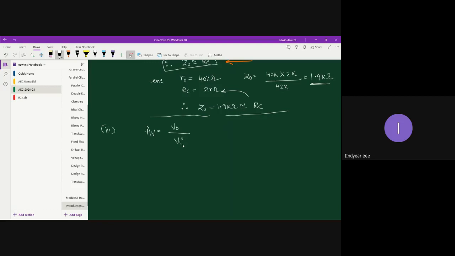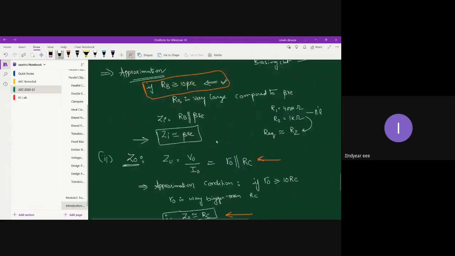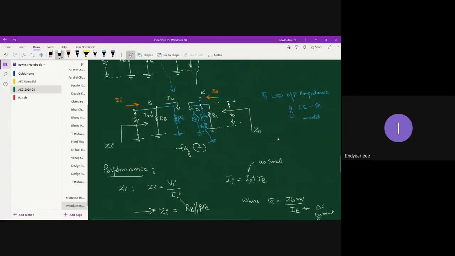There is no direct or inspection method to determine voltage gain. We need to calculate what is V0 and what is Vi. If you have the V0 and Vi expressions, you can divide the two to get the voltage gain expression. So first let us write the output voltage V0. Let's go back to the circuit and try to find out what is V0.